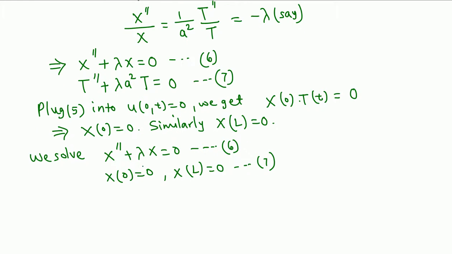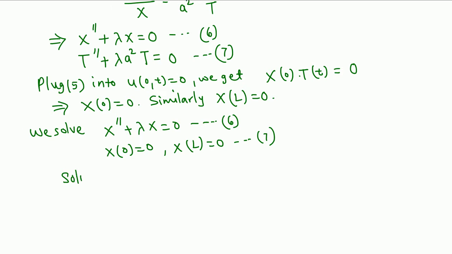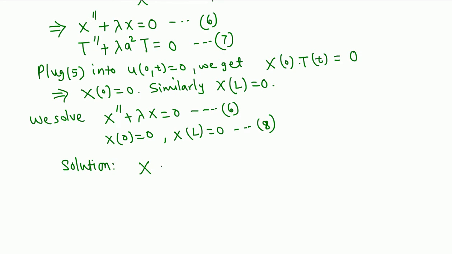And if you recall this eigenvalue problem, we've solved this earlier, and the solution will be, this should be 7 already, so let's make this 8. The solution is then X as a function of x, but there will be infinitely many solutions, so we put X_n(x) equals sine of n pi over L x, for all n bigger than or equal to 1, 2, 3, 4, and this solution is valid for only particular lambdas.